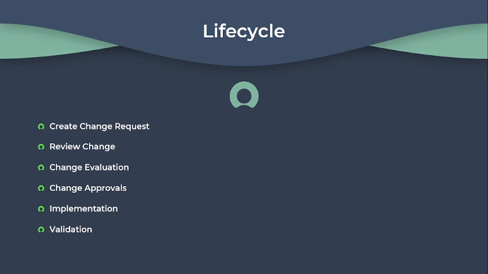Then the last is validation. Validations are performed to ensure that the changes function as expected and do not introduce any unintended issues or negative impacts on the existing systems or services. So this is the life cycle of a change.